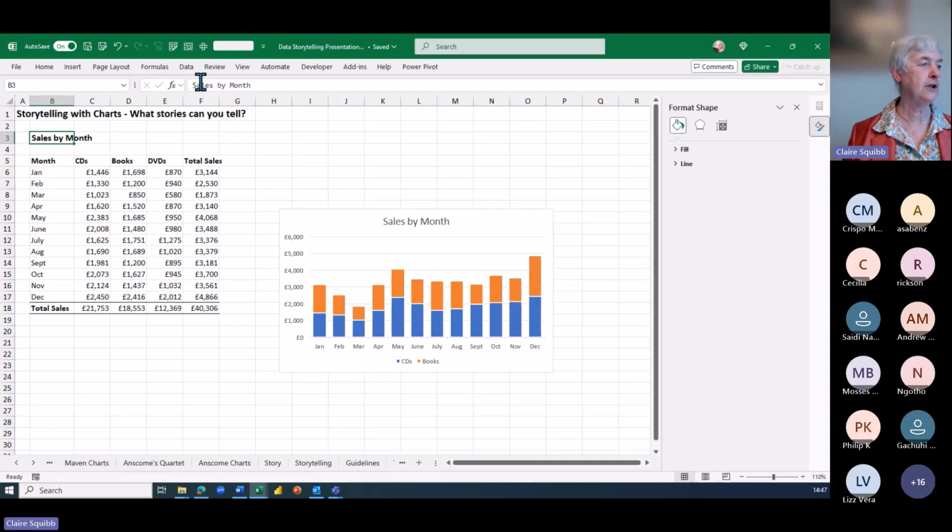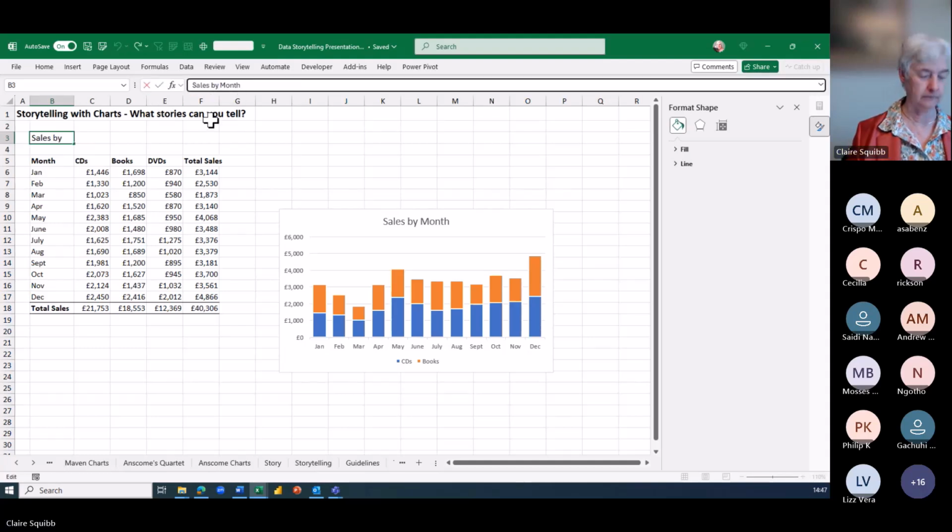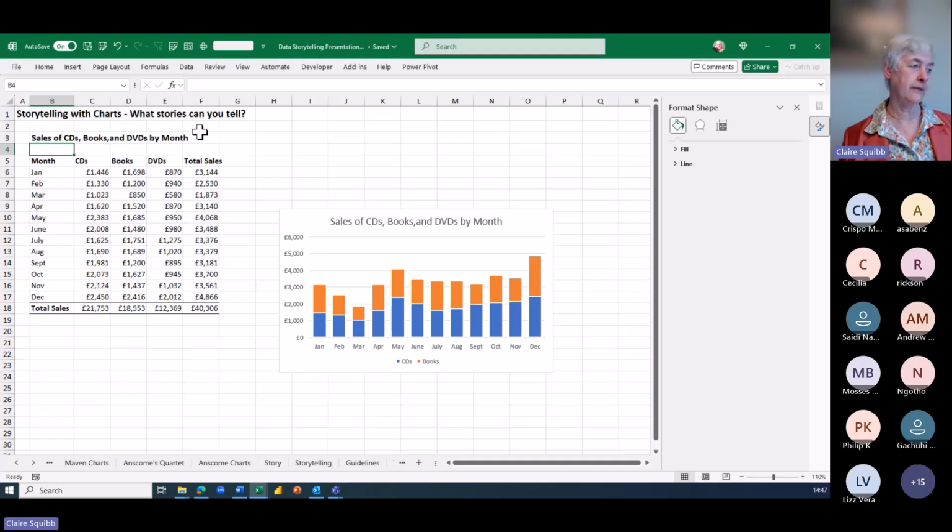And then if you want to change that data, because it's referencing that same cell, it comes up.